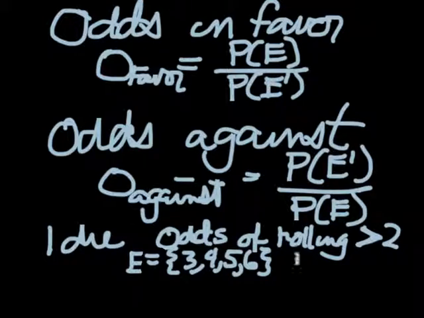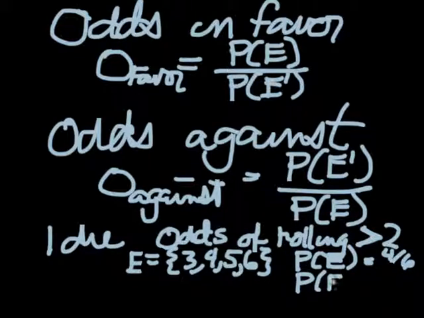So the probability of the event is equal to 4 out of 6, and the probability of not the event is equal to 2 out of 6. Because they're mutually exclusive, in this case they have to add up to 1.